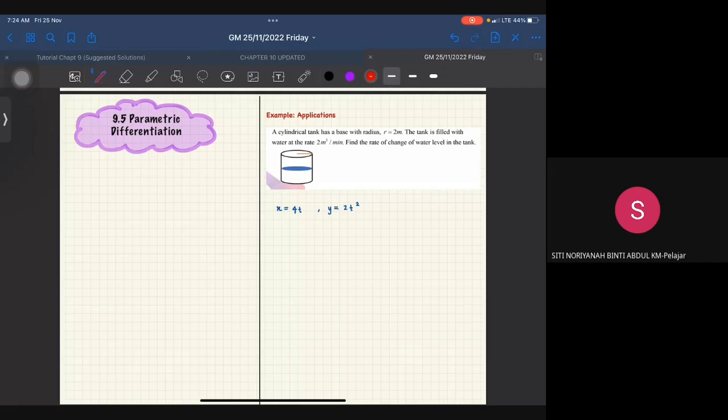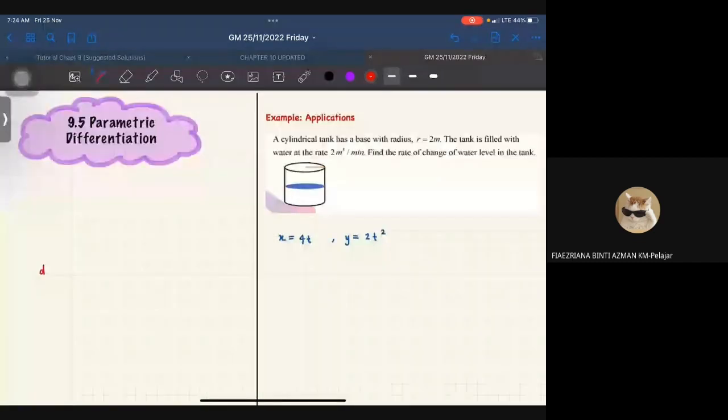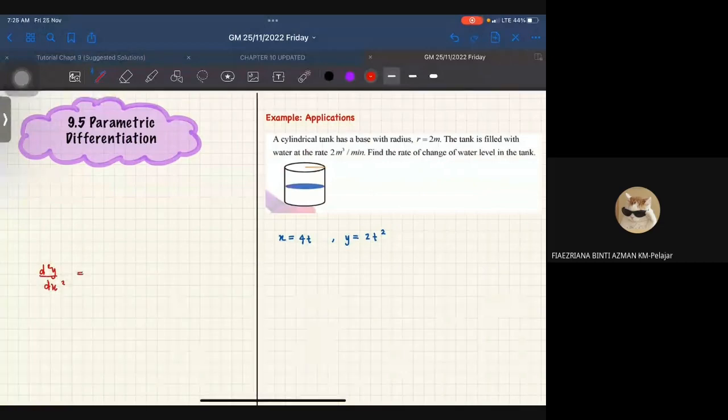Hello? Second order derivative. Okay, so awak belajar macam mana nak cari the second order derivative. Alright, so kalau ikutkan, apa formula second order derivative dia? So saya ada d square y dx square. Okay, which is equal to? D over dt.